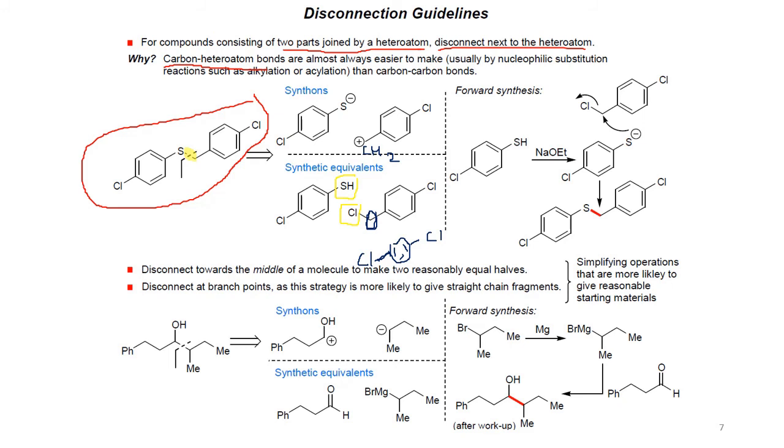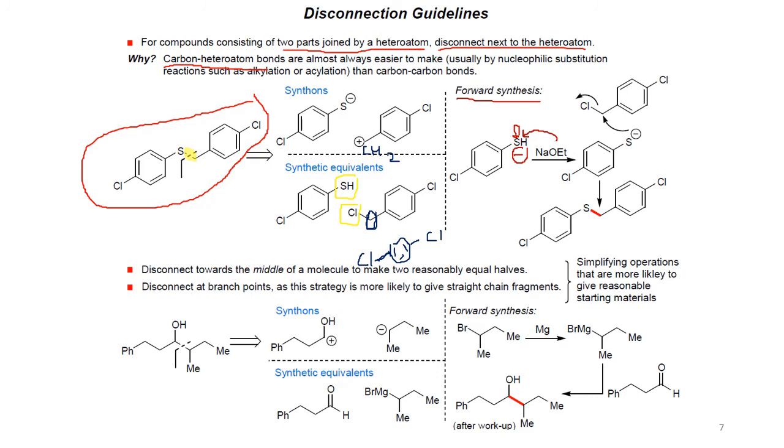So in this case, the forward synthesis is very straightforward. You have this synthetic equivalent. This thiol compound, when you have base, the base abstracts this hydrogen and this bond will be broken. So now you have S minus. When you have S minus, it will attack the carbon that is partially positive.